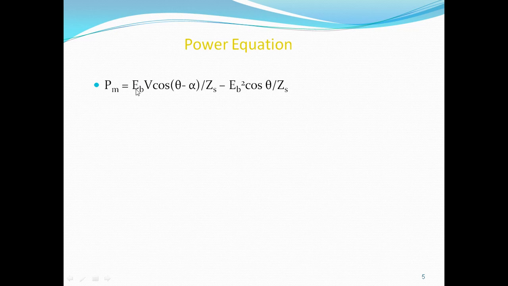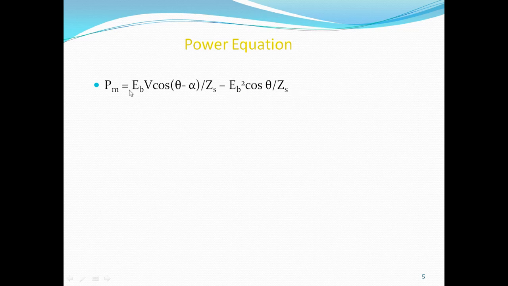So in the power equation, Eb is the back EMF, V is the supply voltage, and in cos theta minus alpha, theta is the internal angle and its value is constant. Why is its value constant? Because its value depends on the circuit parameters, that is Xs and Ra, where Ra is the armature resistance, Xs is the synchronous reactance, alpha is the load angle, and Zs is the synchronous impedance.